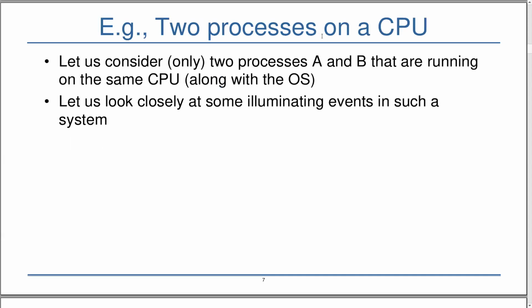Well, we have to solve multiple questions here. Let's assume that we run 2 processes on a CPU, and just for simplicity, assume that we have just 1 core, 1 CPU.